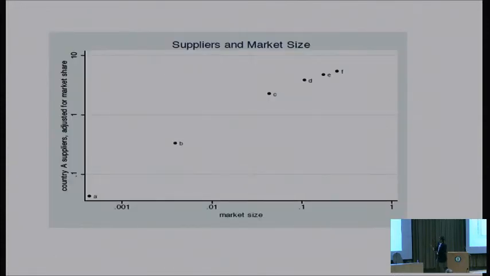And lo and behold, we are getting this relationship between the number of suppliers from a given source who enter markets, and finding that more of them enter the larger markets with an elasticity similar to what we were seeing in the data, about 0.6 or 0.7, which is also what we had found in our earlier work.